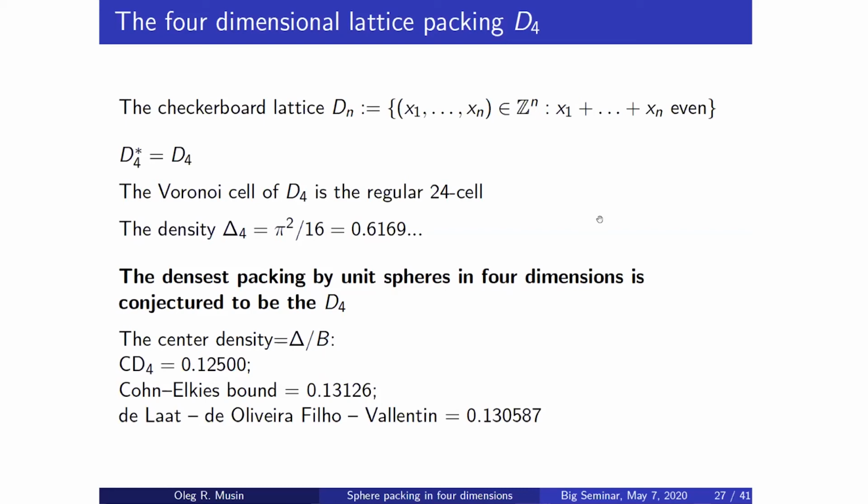Henry Cohn and Noam Elkies proved this bound, 0.13. It was slightly improved using SDP by Dostert, Oliveira, and Vallentin, and if you compare, you can see it's a little bit improved.